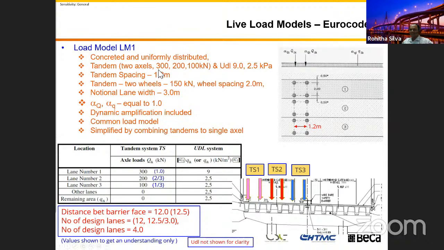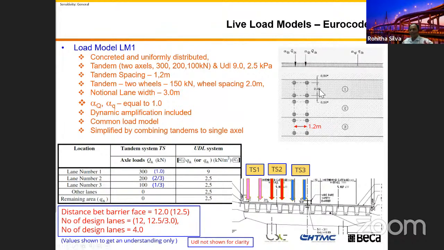But this tandem, they give you not 1 traffic model, they give you 3 design lanes in this model. It's well defined, not 3, more than that actually, for the whole bridge.